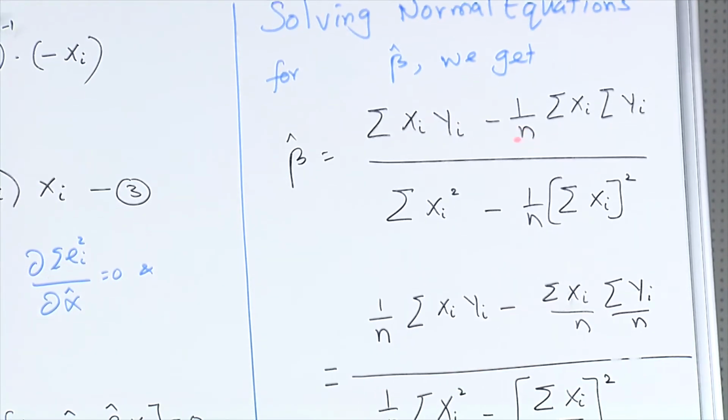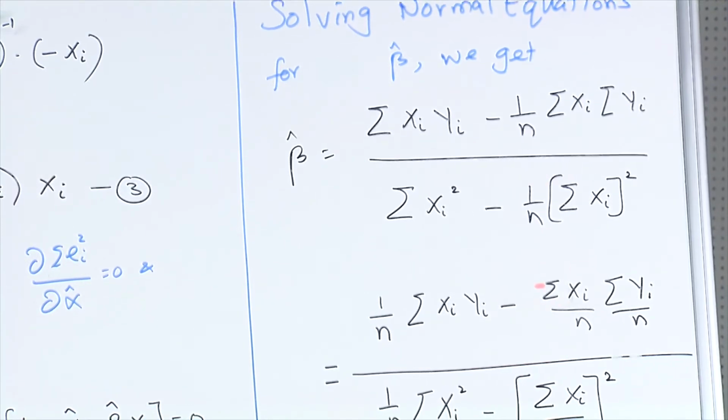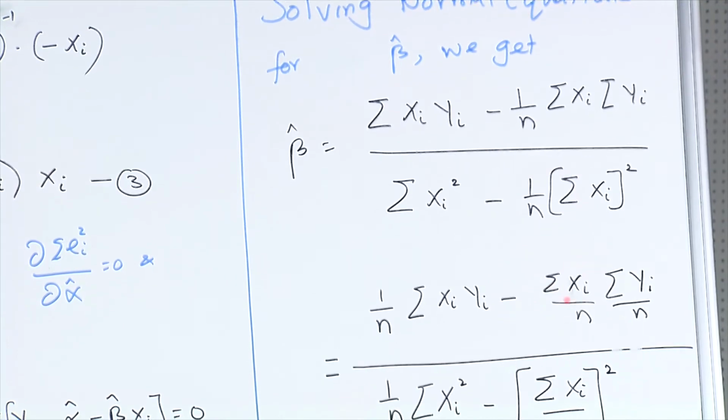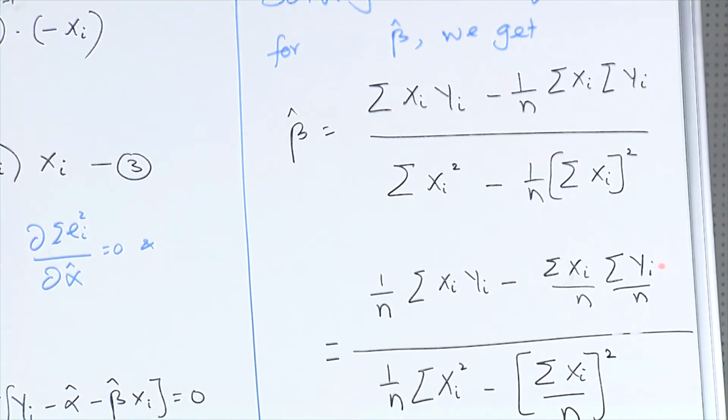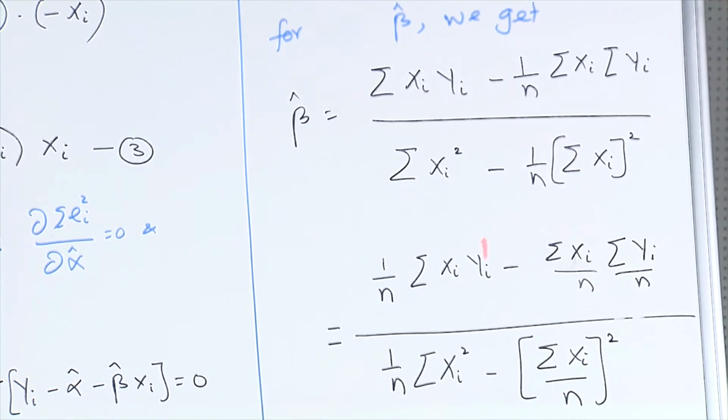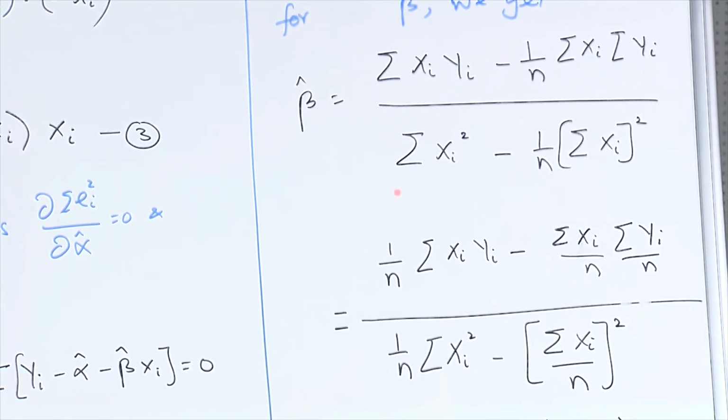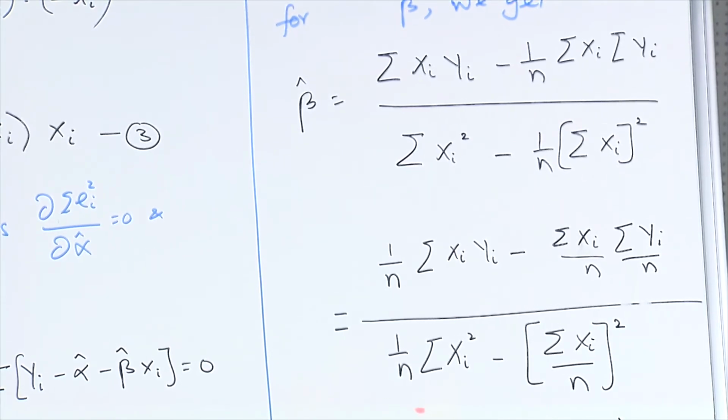So, you can write 1 by n sigma xi yi as, if you multiply by 1 by n, you can take separately sigma xi by n and sigma yi by n, and similarly here in the denominator, if you multiply by 1 by n, we get the terms like this.